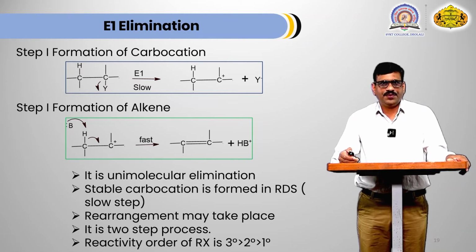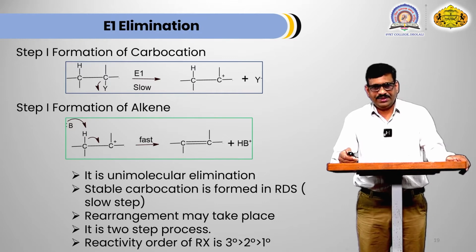In the first step of E1 elimination, there is formation of a carbocation. The leaving group leaves the molecule with the electron pair and a carbocation is formed. In the second step, the base abstracts a beta hydrogen and there is formation of an alkene as the product. The role of base is in the second step. That's why the concentration of base does not affect the rate of E1 elimination.